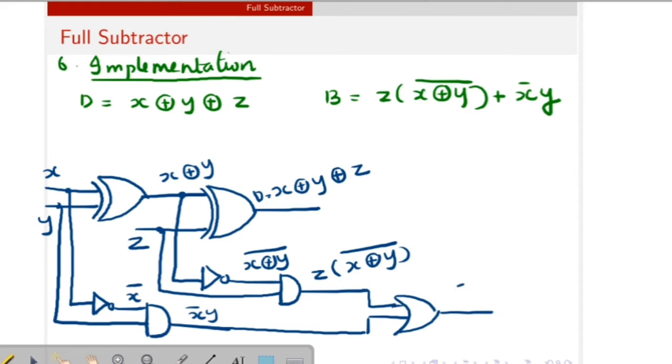We get z into (x XOR y) bar plus x bar y. So this is the borrow. So this is the implementation of full subtractor using XOR gate and basic gates.